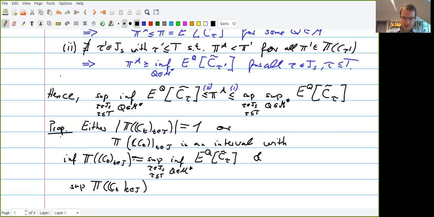This is of course a statement, not a definition. It is given by the upper bound I derived here. So take all exercise strategies and the supremum of all. Right.